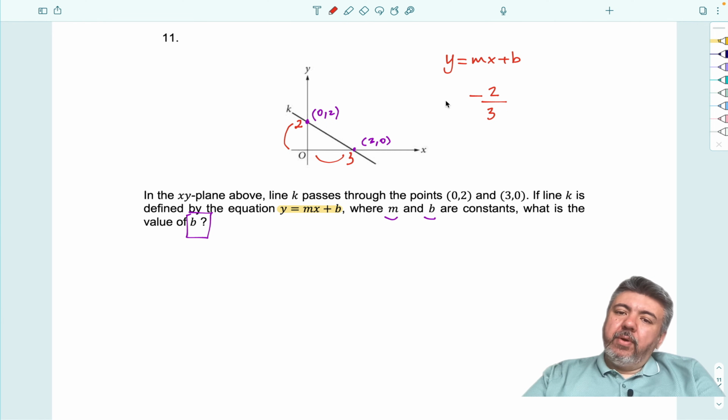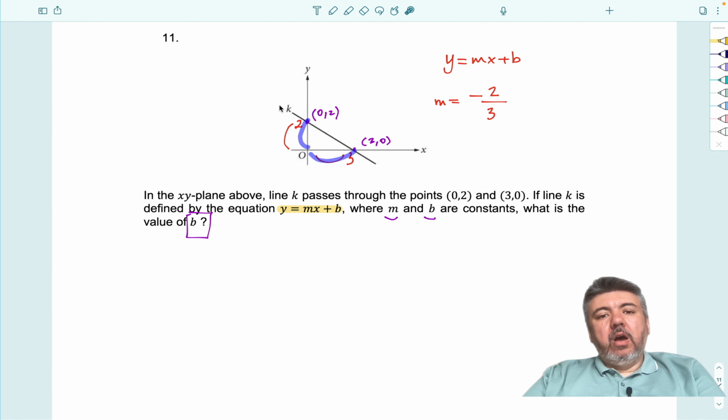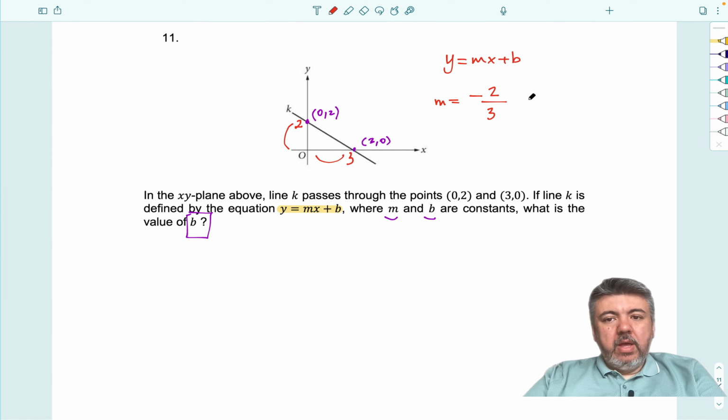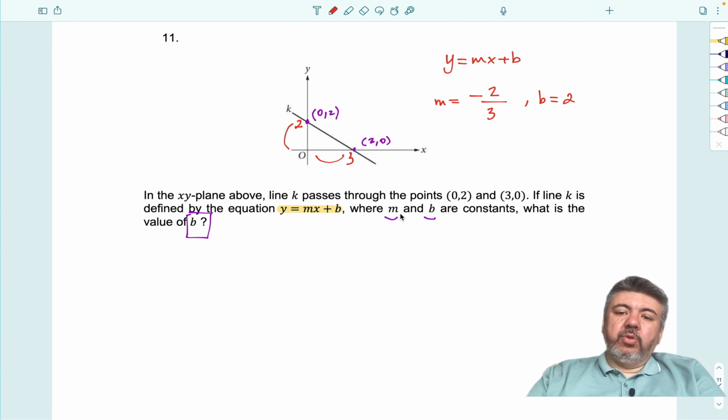So the slope m can be found easily, like rise over run. If it's leaning to the left, that's a negative slope, as we mentioned before. And b is very obvious, my friends. It's 2, because b is the y-intercept. So they are asking me b. b is simply 2.